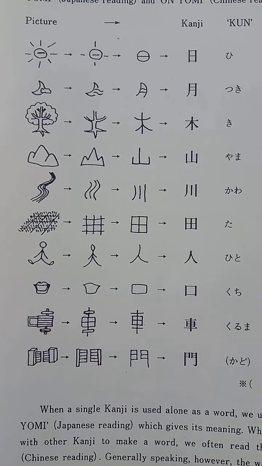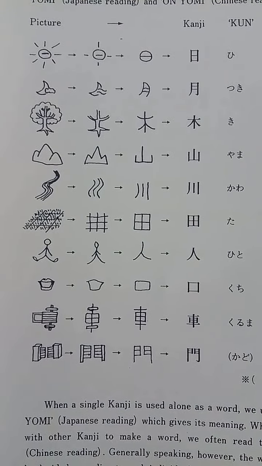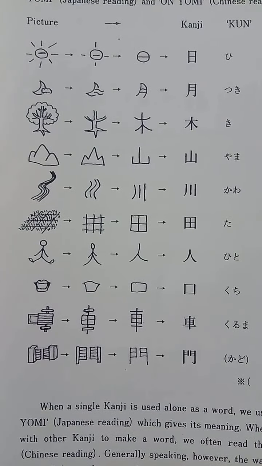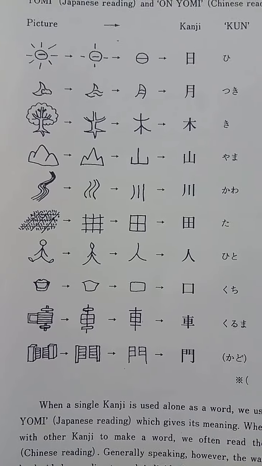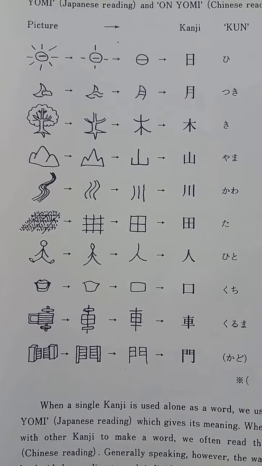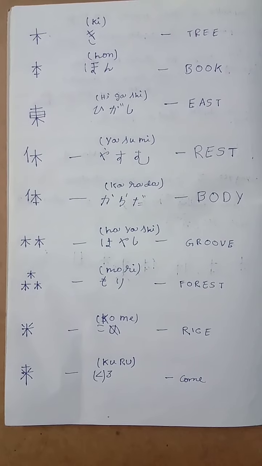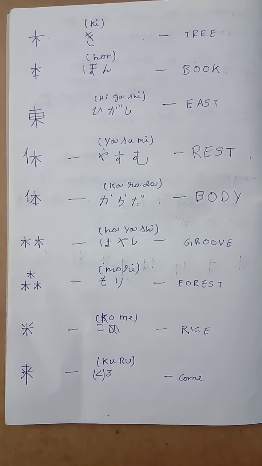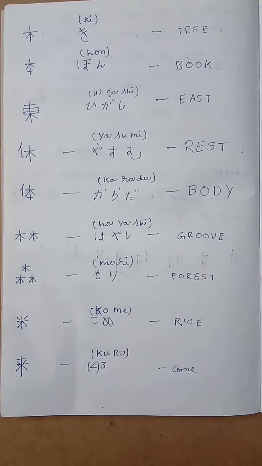And if you observe the first row, it is the picture showing the sun. So using just these three symbols, we shall arrive at more combinations of kanji. So by just using the three symbols of kanji, how can we remember further kanji?